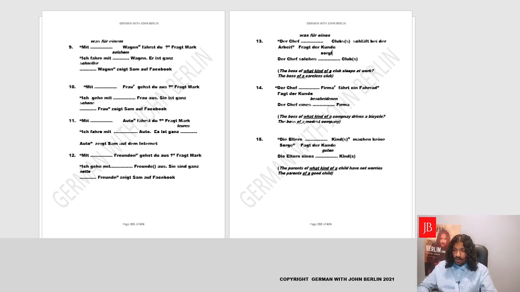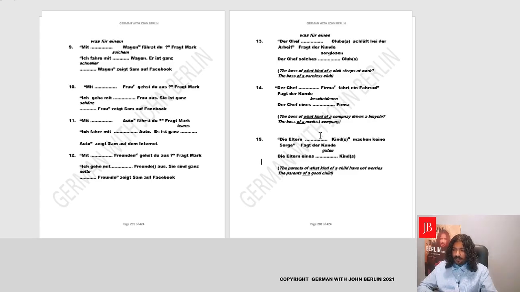Sorglos. Sorglos and sorglosen, because the adjective ending for genitive here would be basically based on the article word, and it'll always be en. Fantastic. Der Chef solche sorglosen Clubs. Second table, the pronoun table. Yes. Okay. So perfect. Let me do the others with you as well.